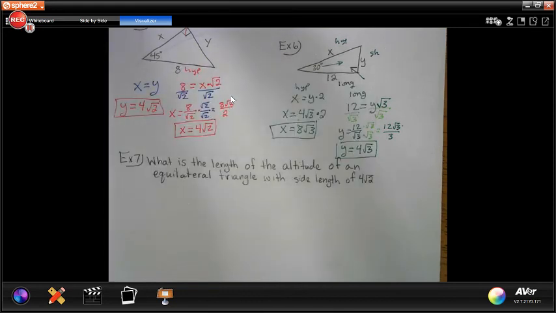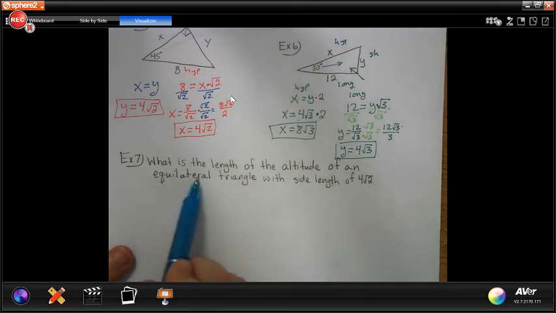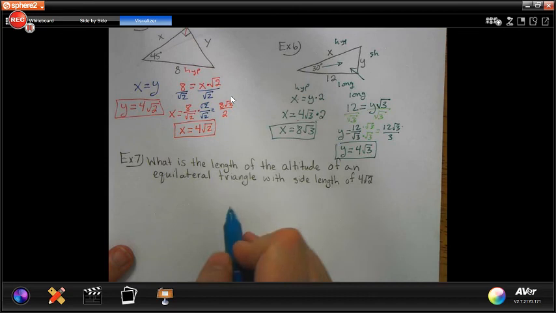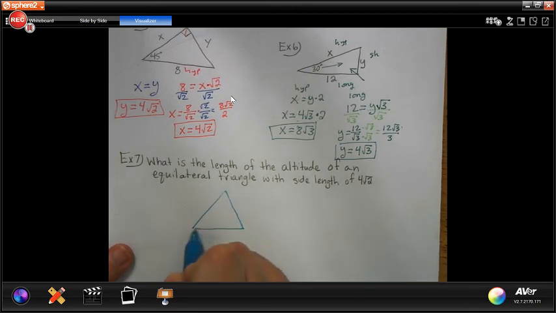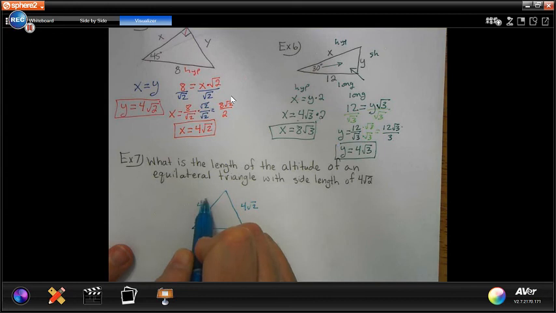So it helps, in this case, to draw a picture. So my picture is going to be of an equilateral triangle. The side length is 4 radical 2. It also talks about the altitude.